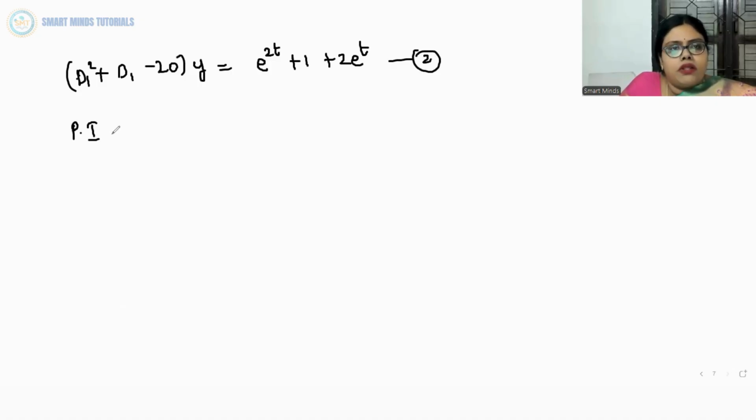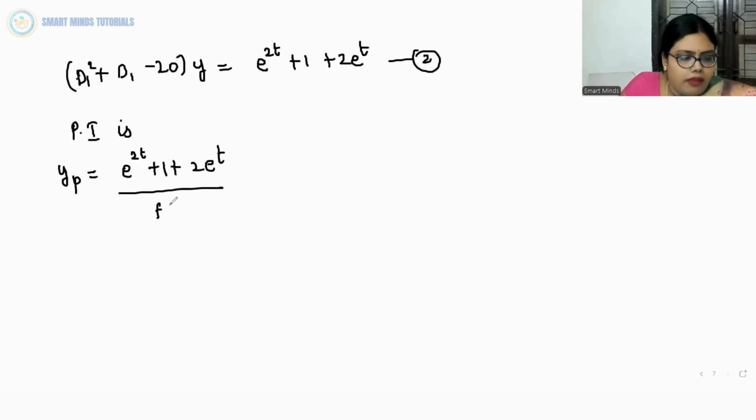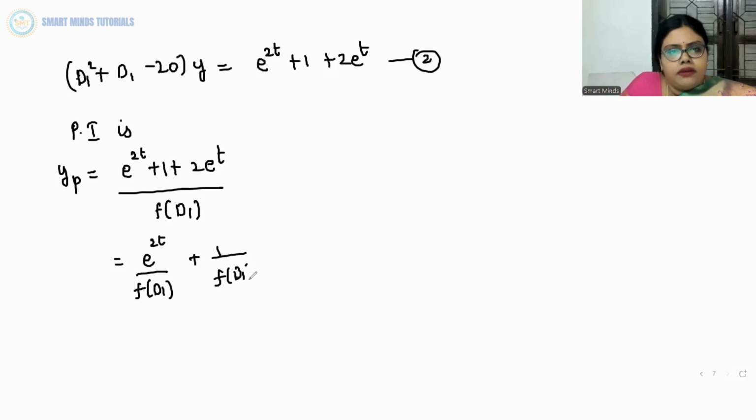Now what is the particular integral? The particular integral is yp is equal to e power 2t plus 1 plus 2 e power t by f of d1. Now separate it. e power 2t by f of d1 plus 1 by f of d1 plus 2 e power t by f of d1.